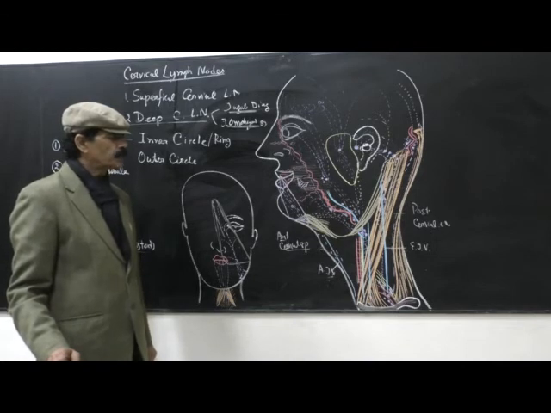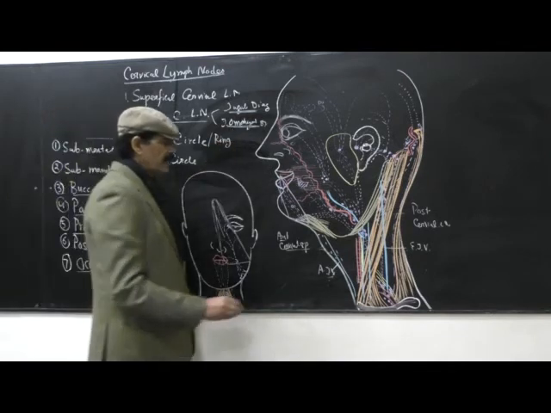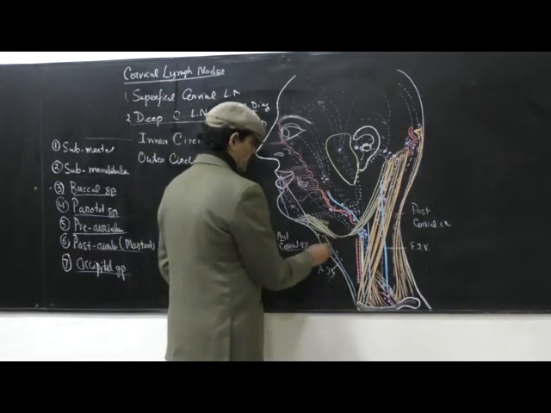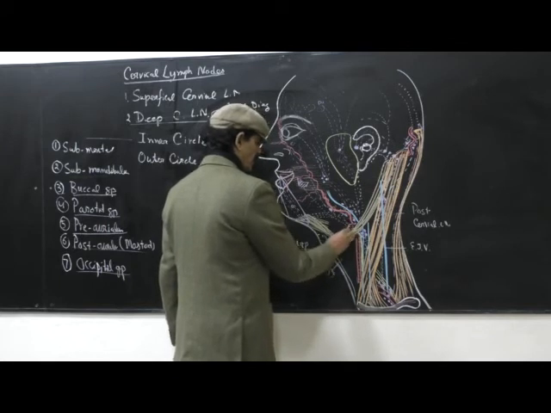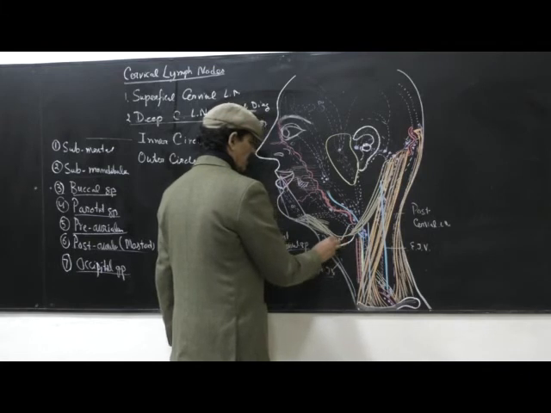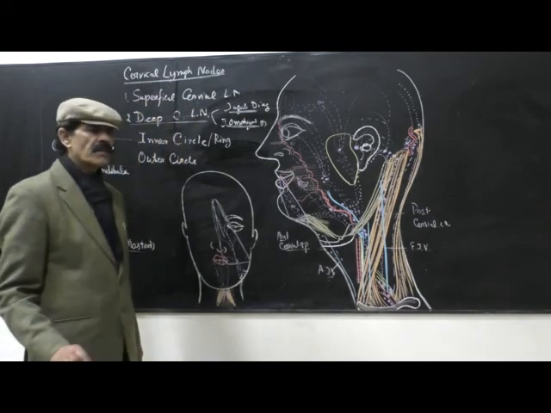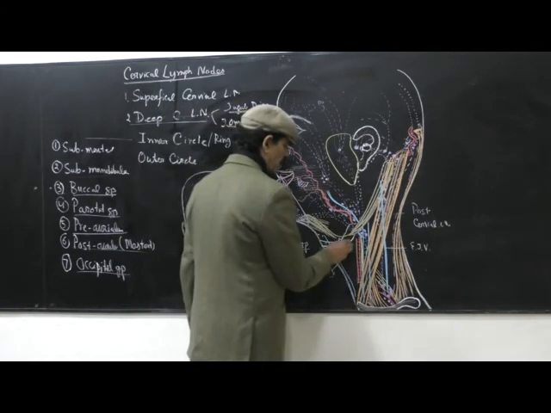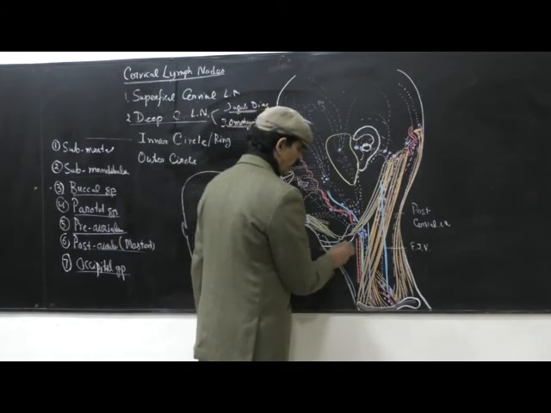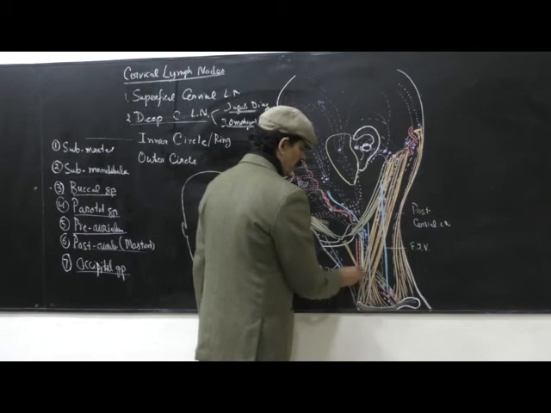And the jugulo-omohyoid group. As the name suggests, the jugulo-omohyoid group lies in relation to the omohyoid muscle. As you know, the omohyoid muscle is attached to the hyoid bone, and it has an intermediate tendon which crosses the anterior triangle, and this intermediate tendon is here.